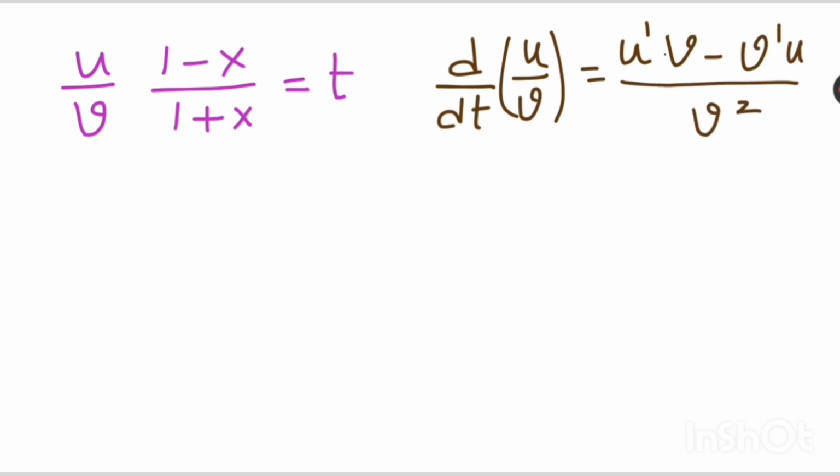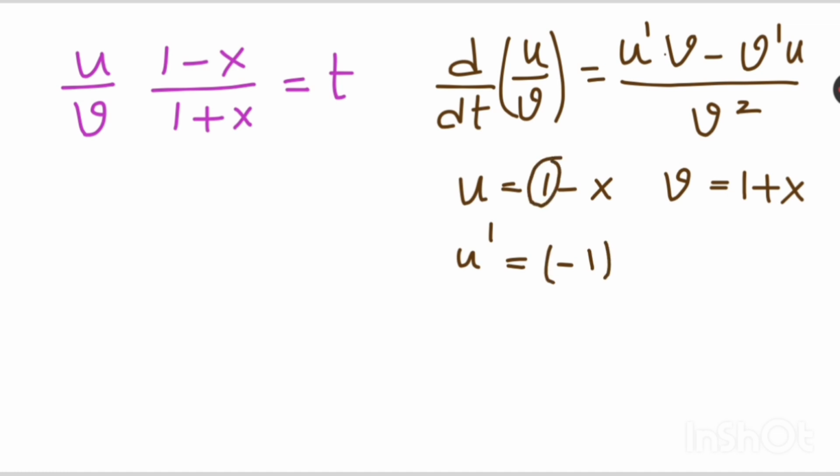This is the formula for the derivative of u over v. Here u is 1 minus x and v is 1 plus x. If you take u prime, the derivative of u, we get minus 1, since the derivative of 1 is 0 and the derivative of minus x is minus 1. Here if you take v prime, we get only 1.